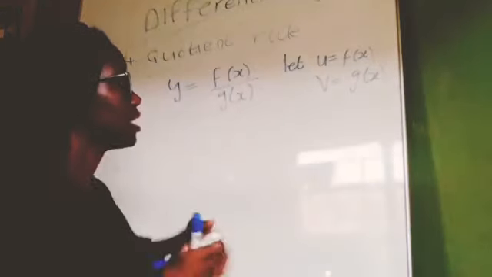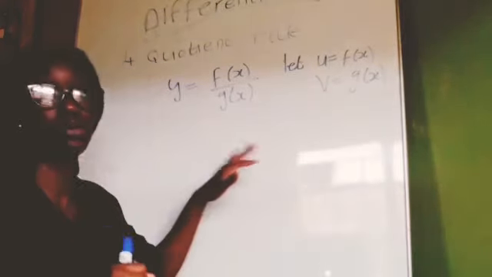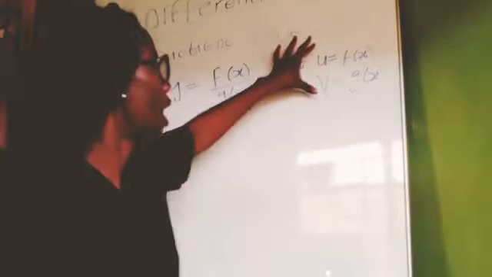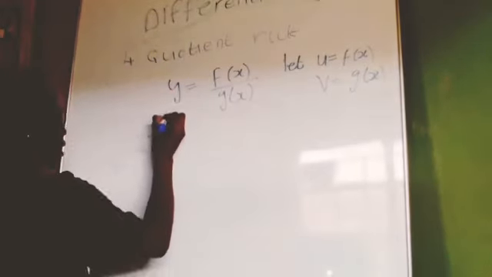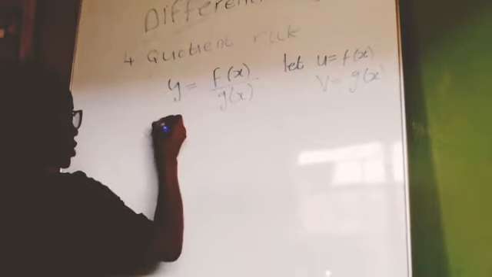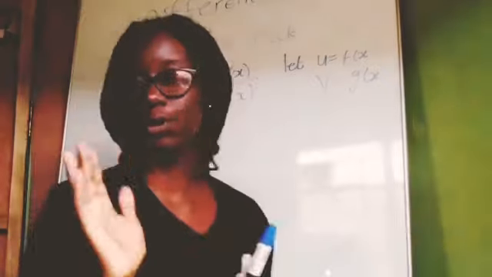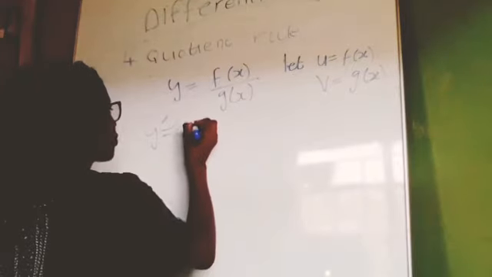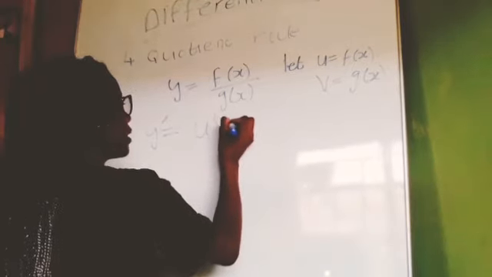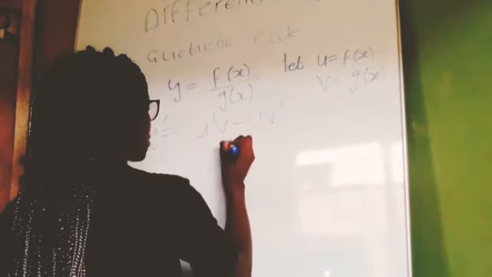For me, this really makes my work easier. Okay, so having this, the formula now is y prime, which just simply means dy dx. It is still English. Okay, so y prime is equal to u prime v minus u v prime over v squared.